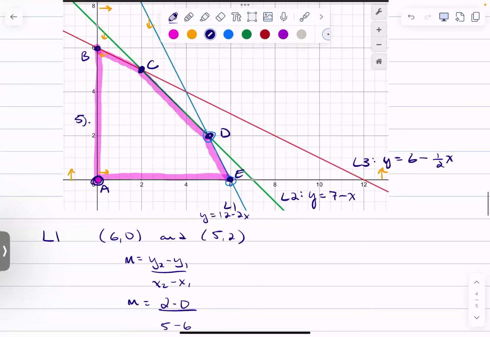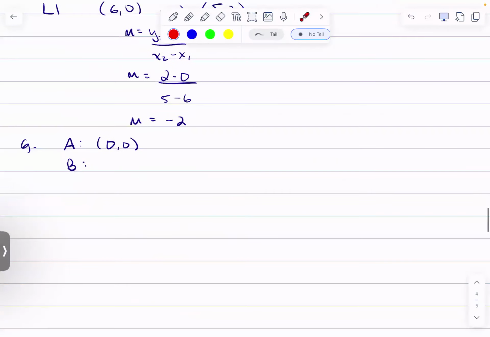B is technically the intersection between y equals 6 minus 1/2 x and x equals 0, right? So it's technically an intersection. You can see it clear as day, but let's write it out.